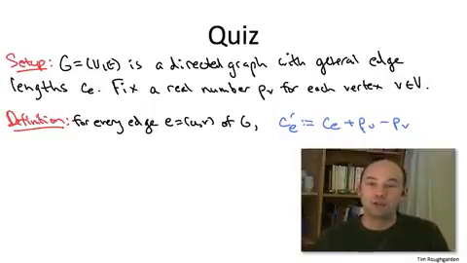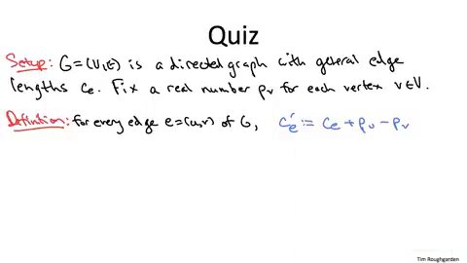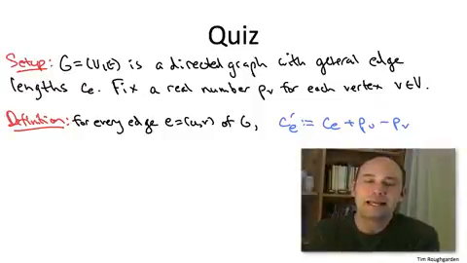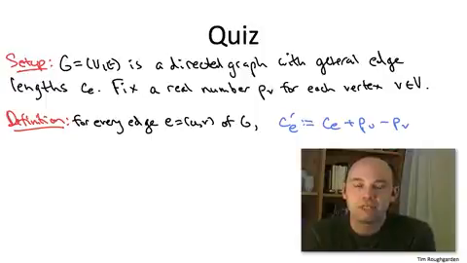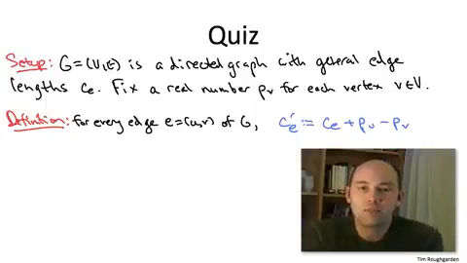Could be 7, could be -5, whatever. Just one number per vertex. The key idea behind the reweighting technique is to use these n numbers, one weight per vertex, p sub v, to use these n numbers to shift the edge lengths of the graph. I'm going to use c prime to denote these shifted or transformed edge lengths.